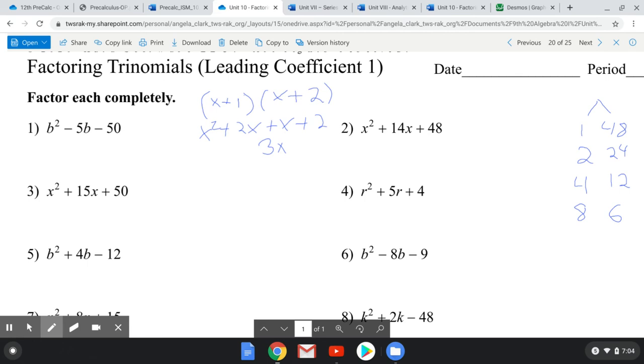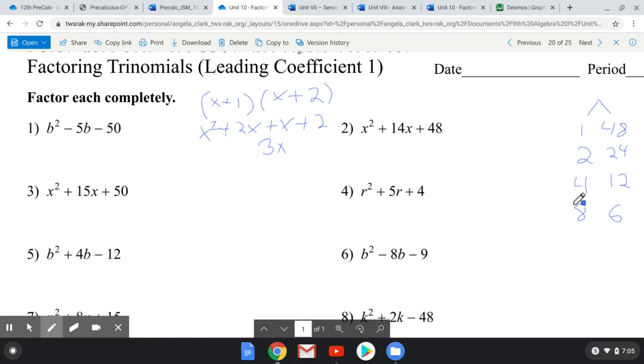Because our coefficients are 1, this middle term is always going to be this term plus this term, because we don't have anything out in front here. So it's going to be this term plus this term, which is 3. So for here, we're looking for which of these factors of 48 add to 14. So what factors of 48 add to 14? That would be 8 and 6. 8 and 6 add to 14.